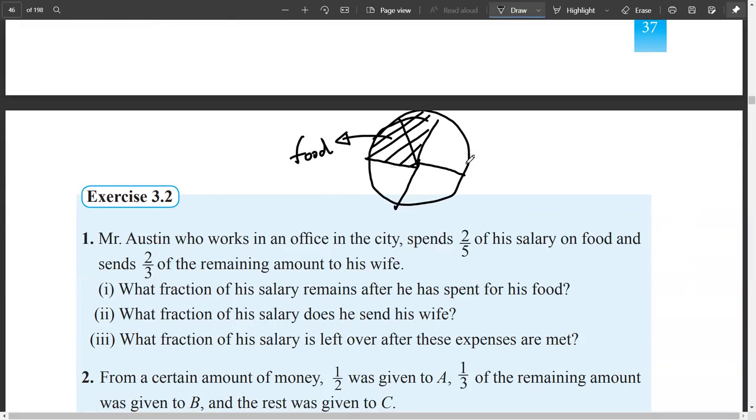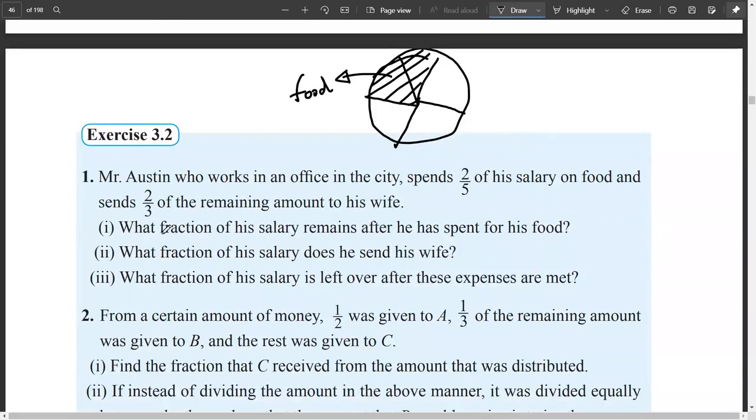So from the remaining, another 2 over 3 he sent to his wife. This is very similar to the previous example. What fraction of his salary remains after he has spent on his food?